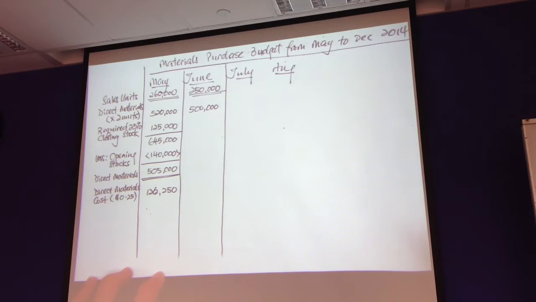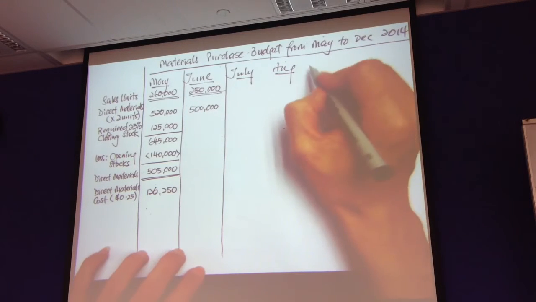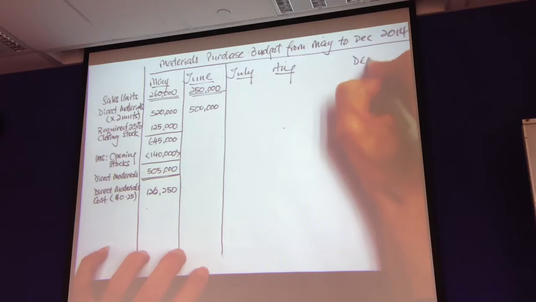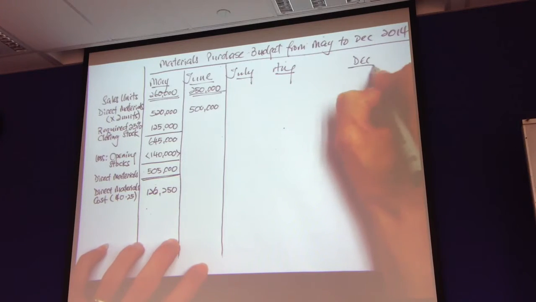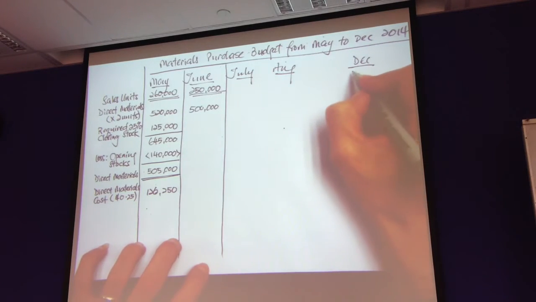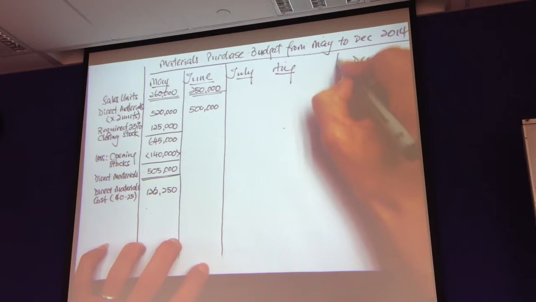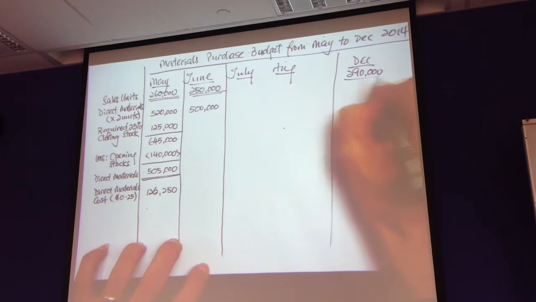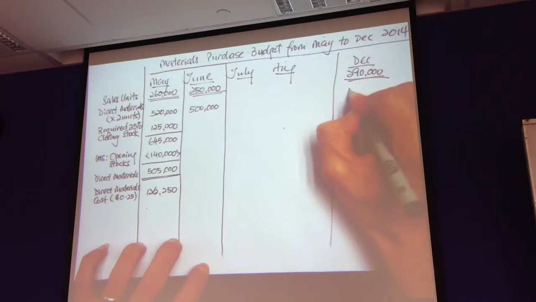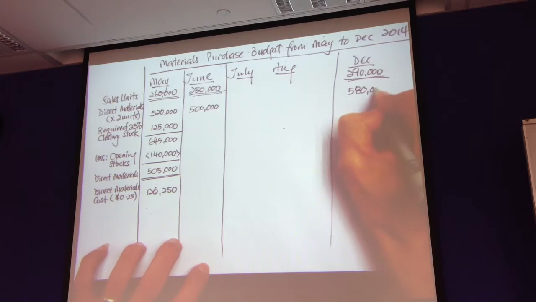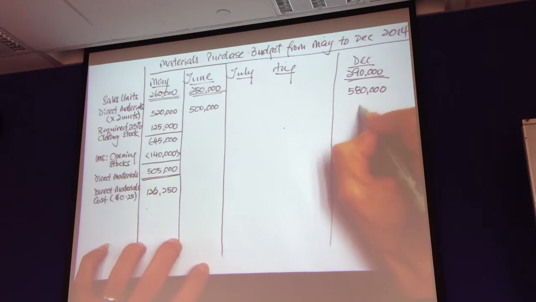And all you got to do is every month, all the way to December. This one you don't have, very sharp. So in the case of December, this is 290,000. 290 times 2 will be 580, correct? But how much is here?